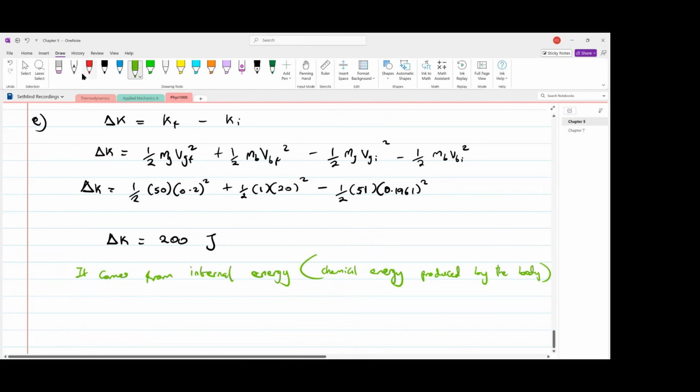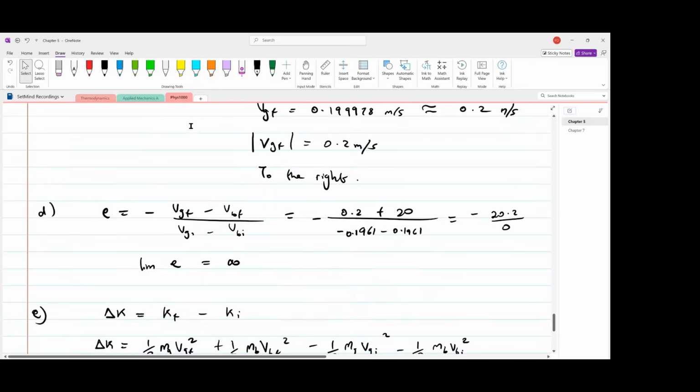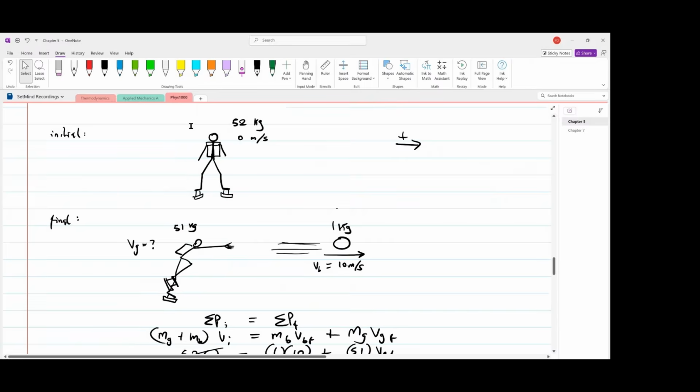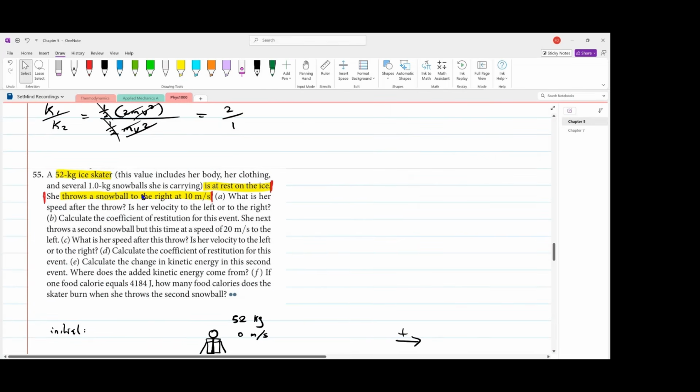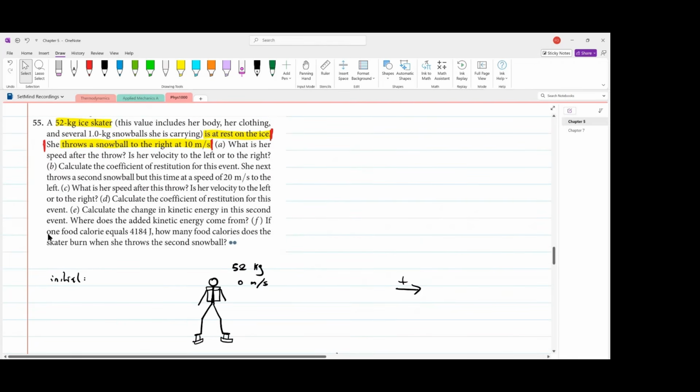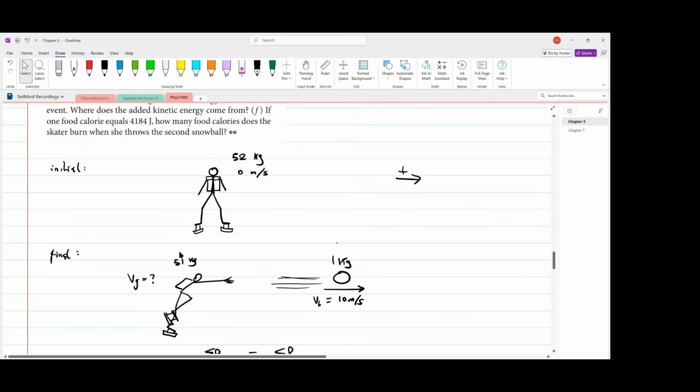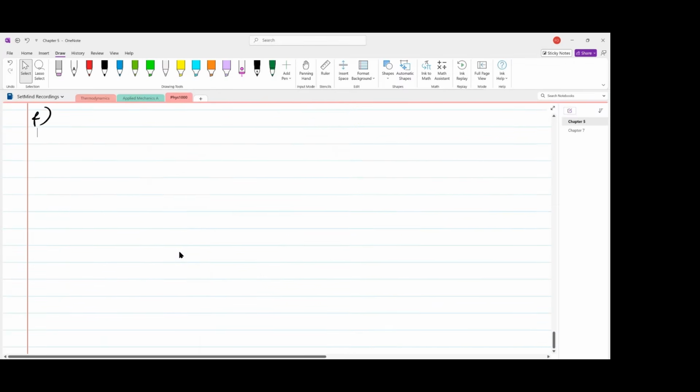And then the last question, F, which is the last question for this chapter, at least for now, is they say 1 food calorie is equal to 4184 joules. How many food calories does she burn by throwing the second snowball? And we can easily do that.